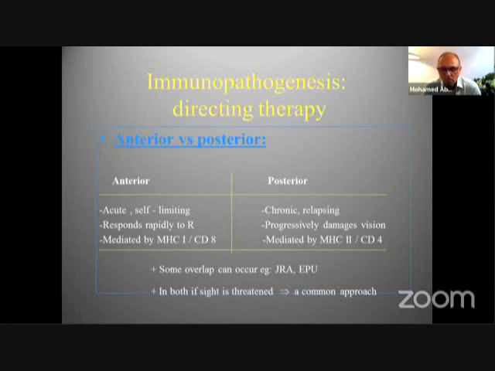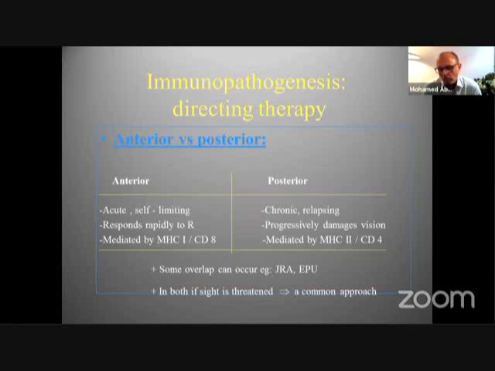However, there is a lot of overlap between the two sometimes, as in juvenile idiopathic arthritis, where the anterior uveitis is chronic, so you have to manage it with systemic treatment rather than topical treatment. And sometimes the anterior uveitis is acute and self-limiting, but it's so recurrent and is associated with systemic disease, as for instance, seronegative arthropathies.